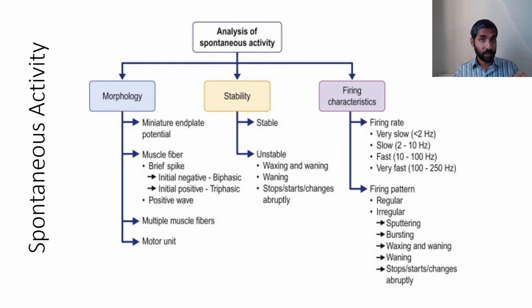Because you're putting your electrode close to a particular muscle fiber which belongs to a motor unit, and you can record the potentials of those motor units. And what you can record is the morphology, that is the shape of the motor unit action potentials. You can look at the stability of the action potentials. Is it coming stably or is it coming and going? Is the amplitude growing up and then going down? Things of that kind.